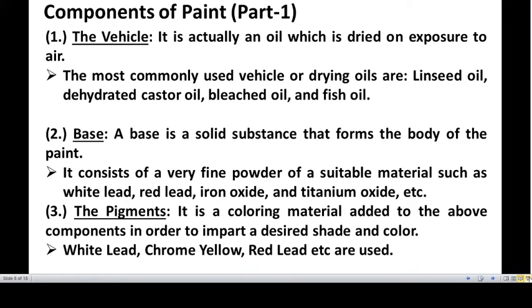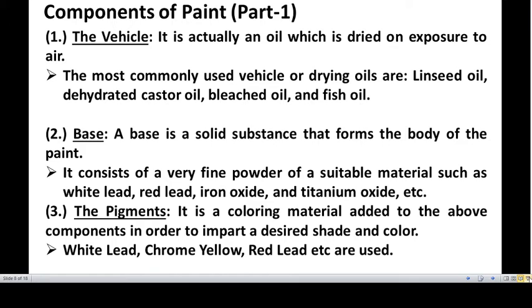Among them, the first component is called a vehicle. It is actually an oil which dries on exposure to air. The most commonly used vehicles or drying oils are linseed oil, dehydrated castor oil, bleached oil or fish oil.